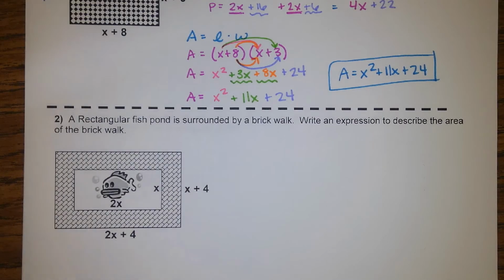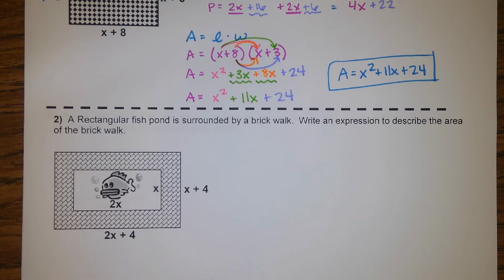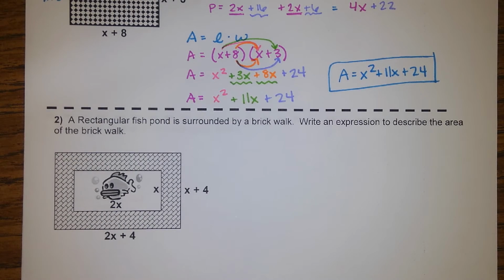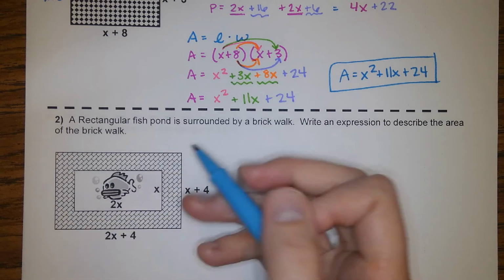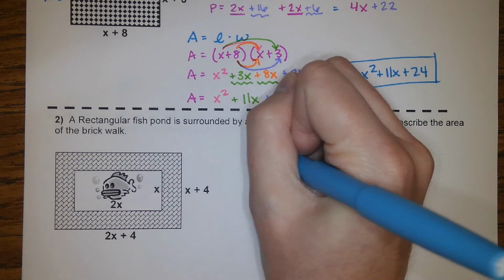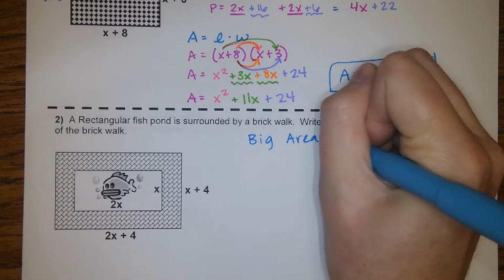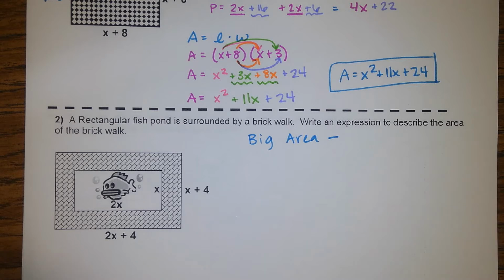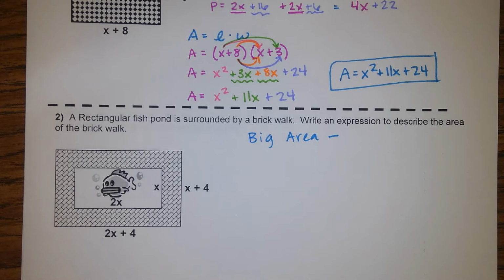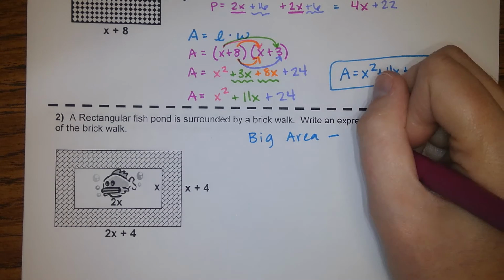All right, let's take a look at number 2. A rectangular fish pond is surrounded by a brick walk. We want to write an expression that describes the area of the brick walk. So what we will need to do is, let's think about this. We are going to have to take our big area and we are going to need to subtract our small area, okay?